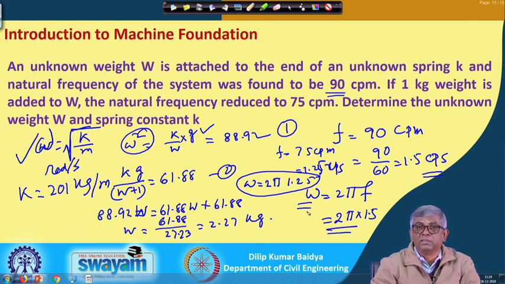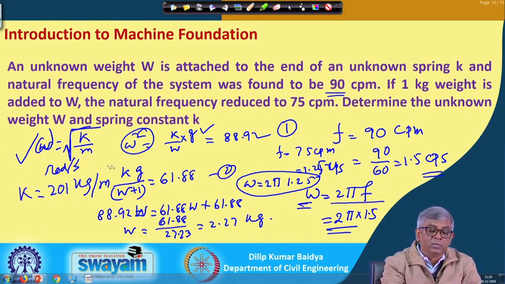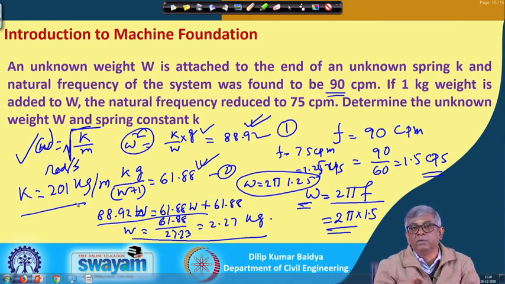The relationship between omega and f is omega equal to 2 pi f, and that I will do. From the given condition 1 I get this equation, and from the given condition 2 I get this equation. Using these two equations, I get W equal to this, K equal to this. Simple thing we have done.